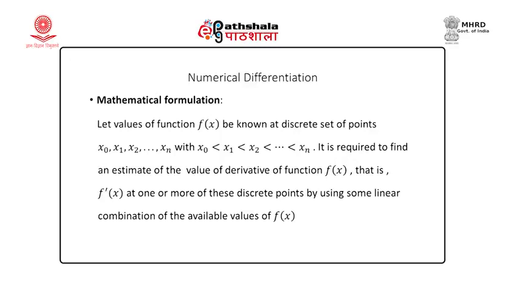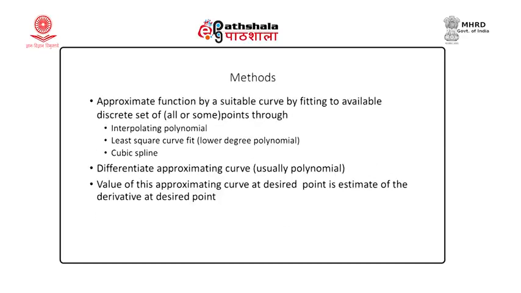What we need is to find an estimate of the value of the derivative of the function, that is f dash x, at one of these discrete points using a linear combination of available values of f x. So, f x at these points is known, and we want to estimate using a linear combination of the available values of f x. That formula we want to develop, and through that formula we will get the estimate for the value of the derivative.